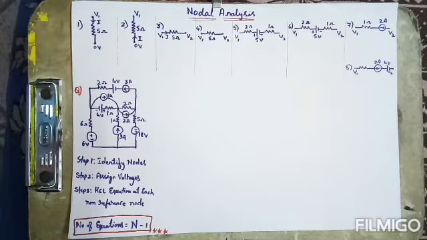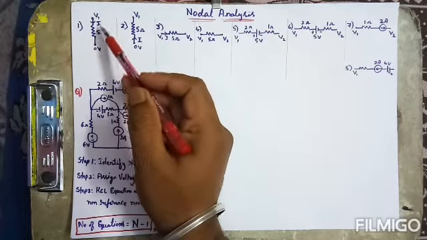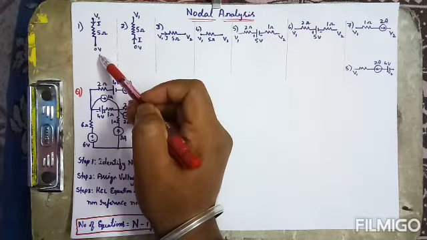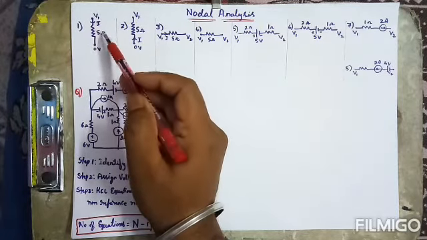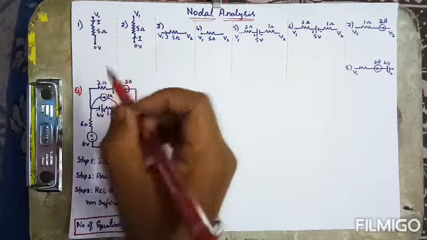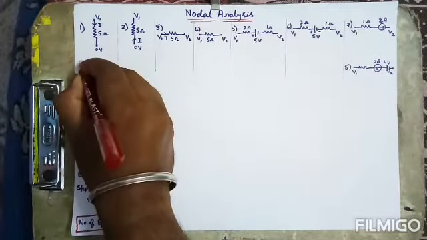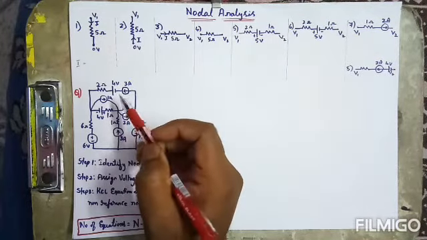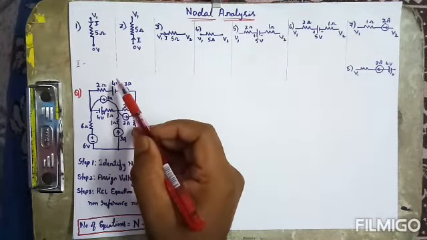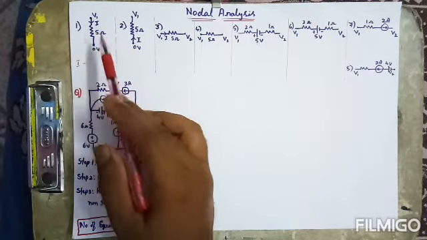In the first branch we have a resistor and voltage V1, and at this end we have 0 volt. The current is flowing from V1. Here we can write an expression for current using Ohm's law. According to Ohm's law, current is the ratio of voltage and resistance. But here we need to consider the two end voltages.